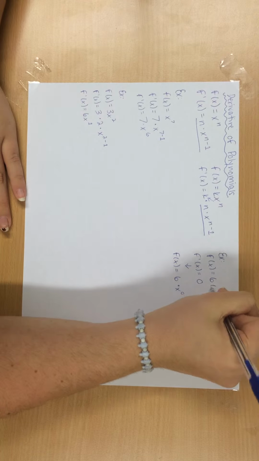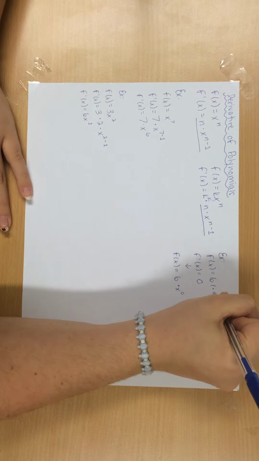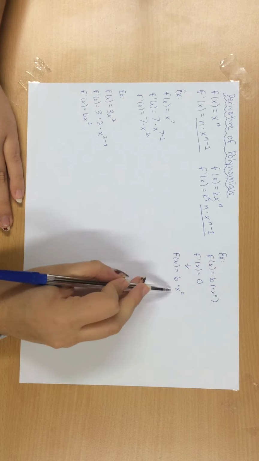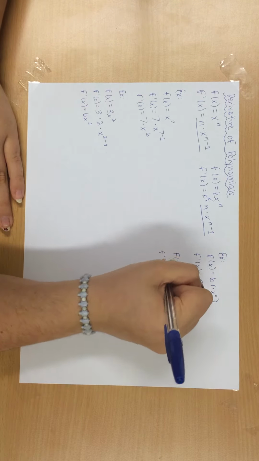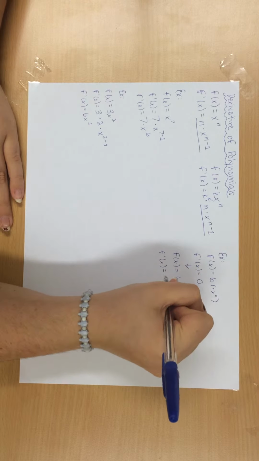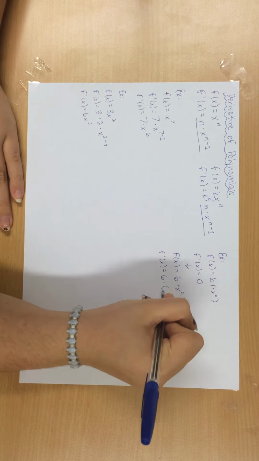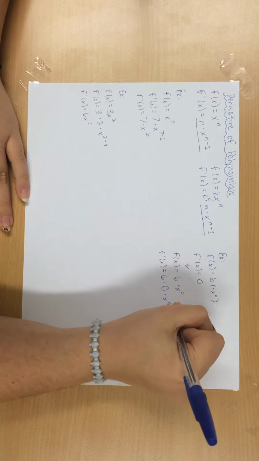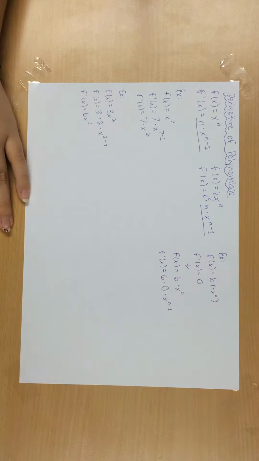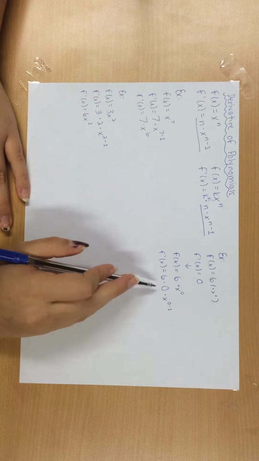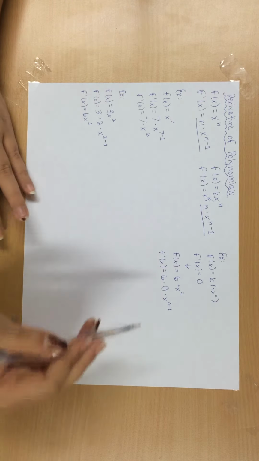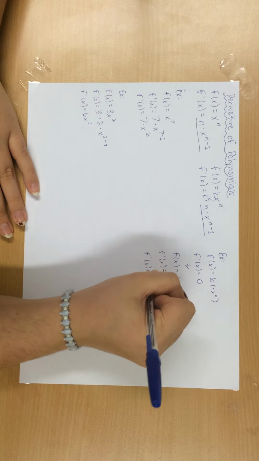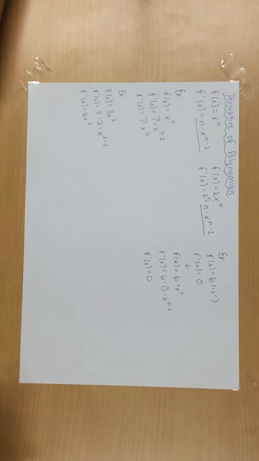You don't always write 6 times 1, but it is still there even if you don't see it. So when you take it like this, when you go to derive, it will turn into 6 times 0, in this case 0 is our n, and you will multiply it times x to the 0 minus 1, there we go. And this 0, it will just wipe the entire equation out. So f prime of x is equal to 0.